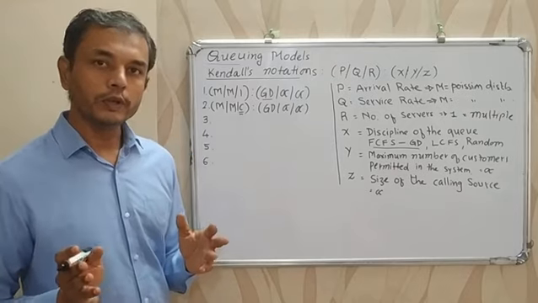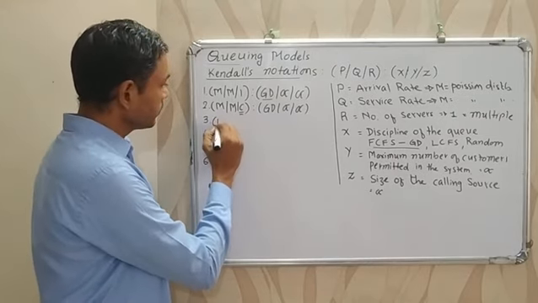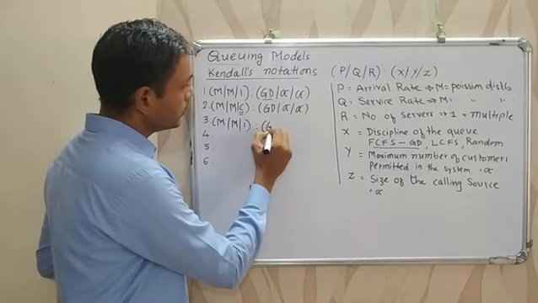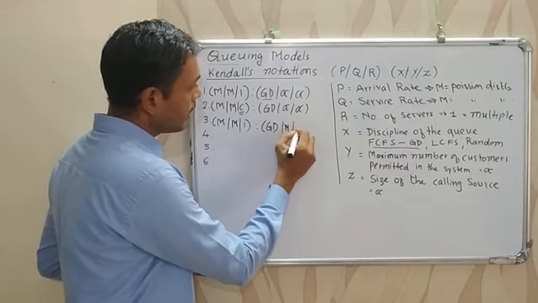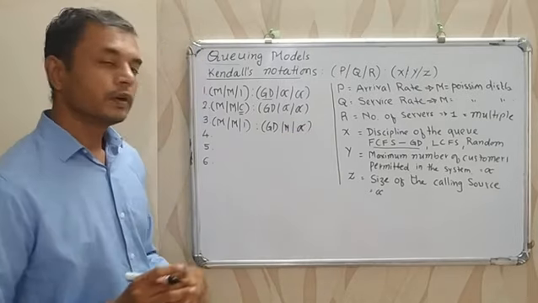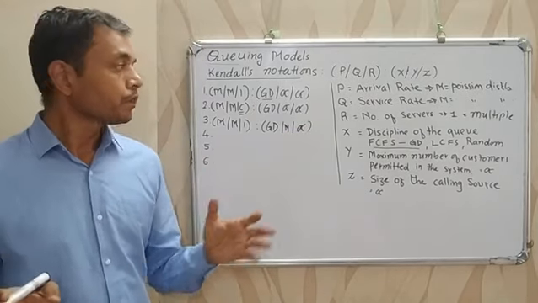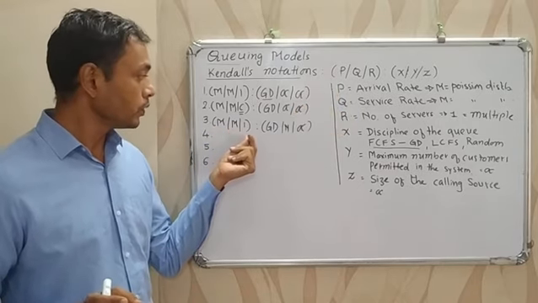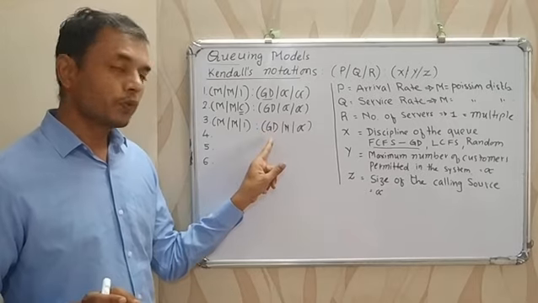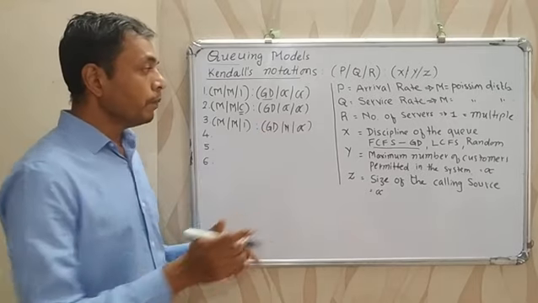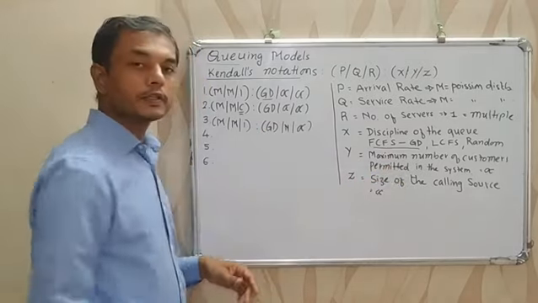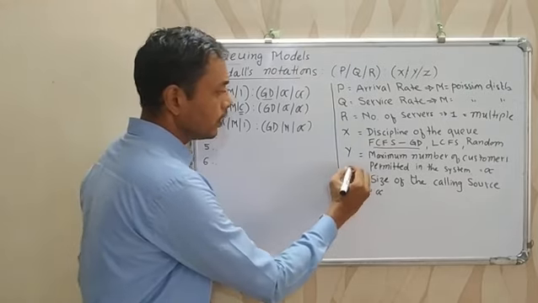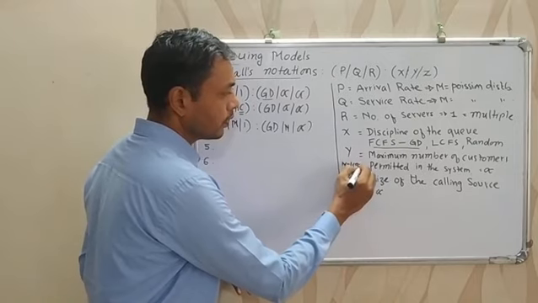The third model of the queue is represented as M/M/1, GD, N, infinite. It represents that the arrival rate and service rate both follow Poisson distribution, the number of servers is 1, and the queue follows general discipline. The maximum number of customers permitted in the system is fixed, say N equals 1000.